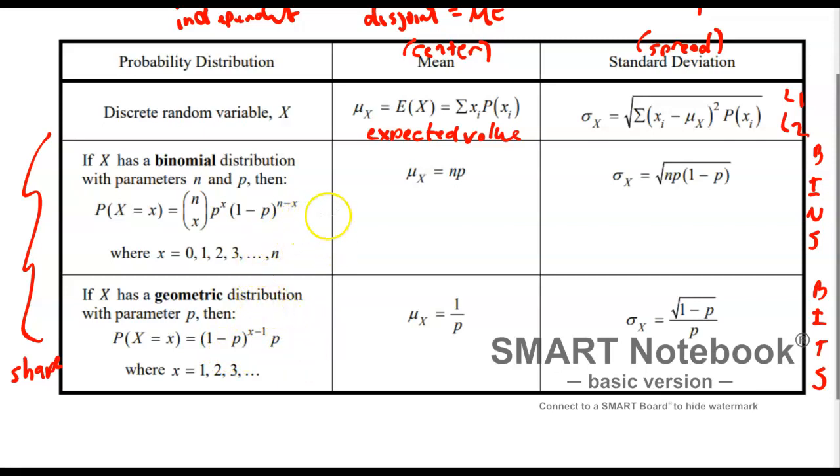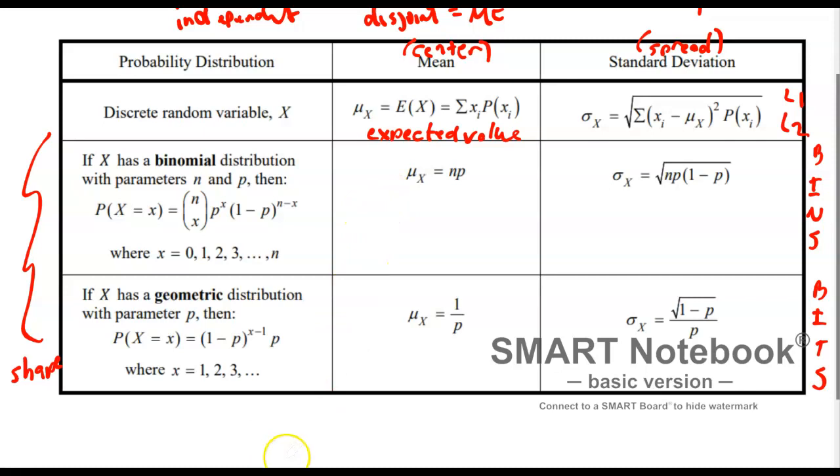Okay, so numerically speaking, you might have something like this. Let's say, go back here. There it is.